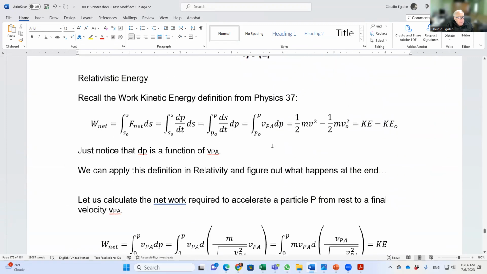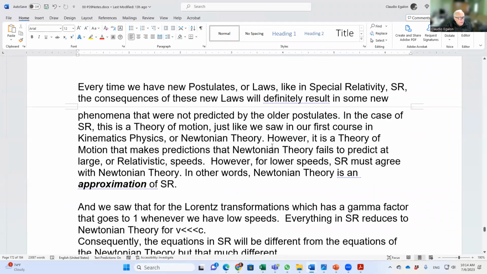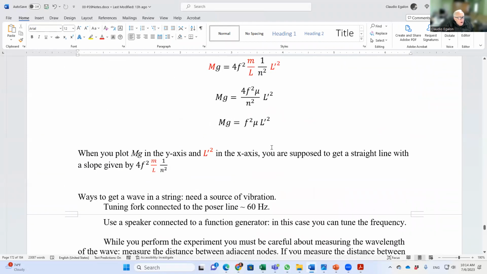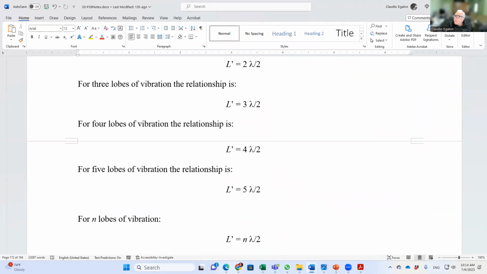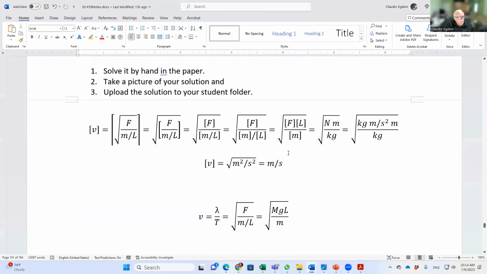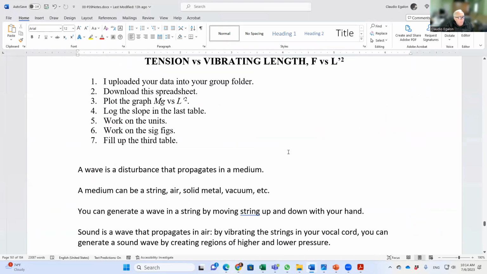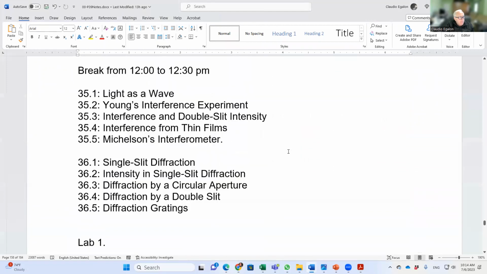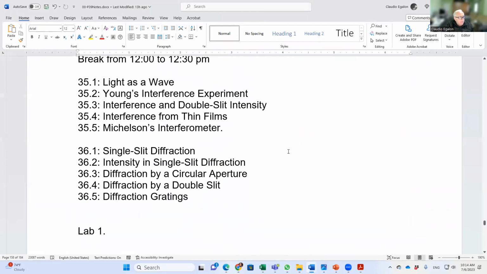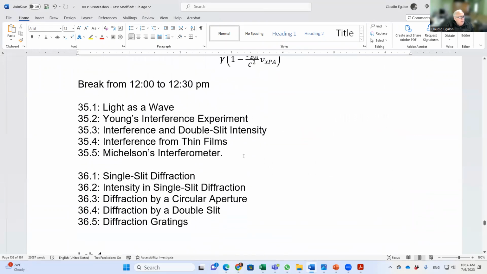We're going to copy and paste what we did before. Let's see, light as a wave. This one is going to be exam 3. I didn't write it down.